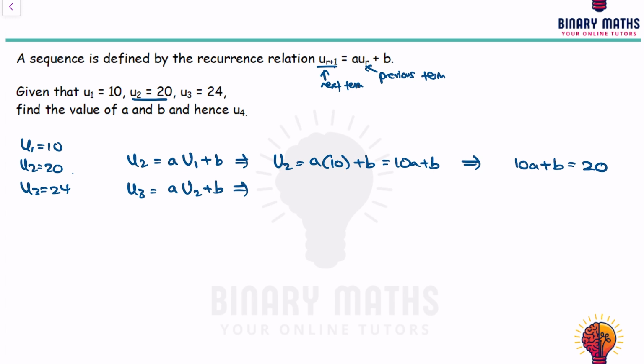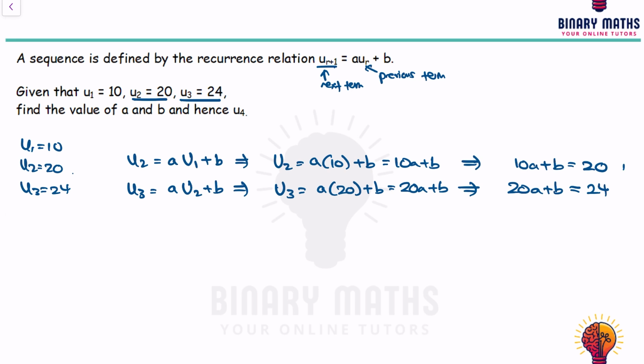Now u2 is 20 from what we've been given, so u3 will be equal to a times 20 plus b, which is equal to 20a plus b.